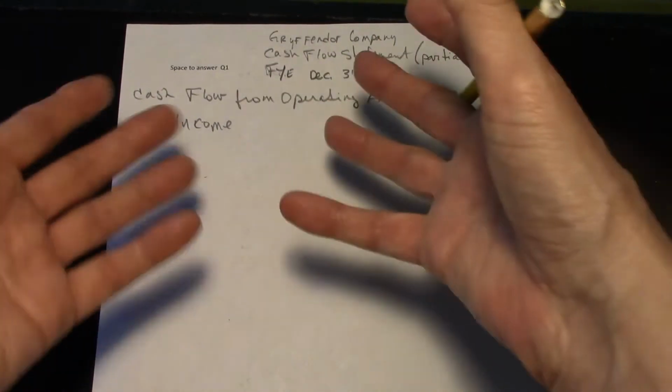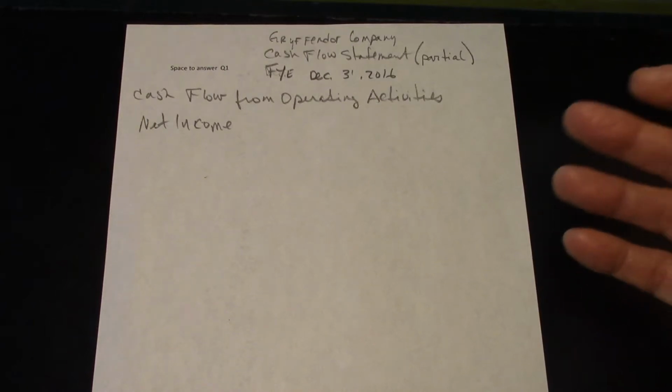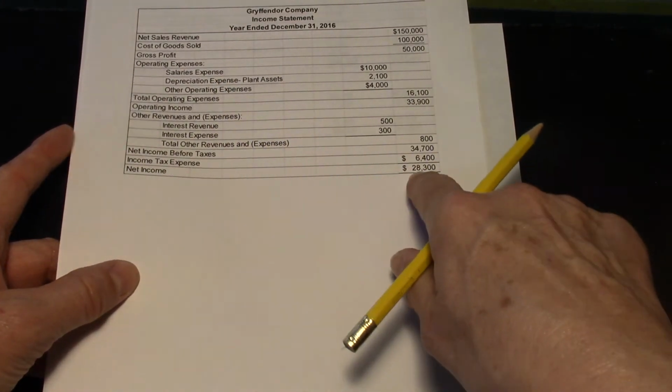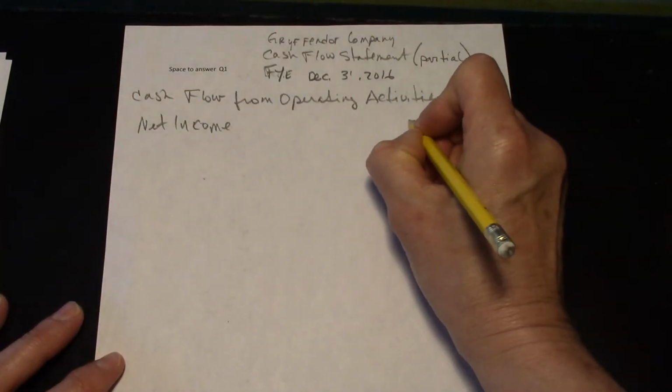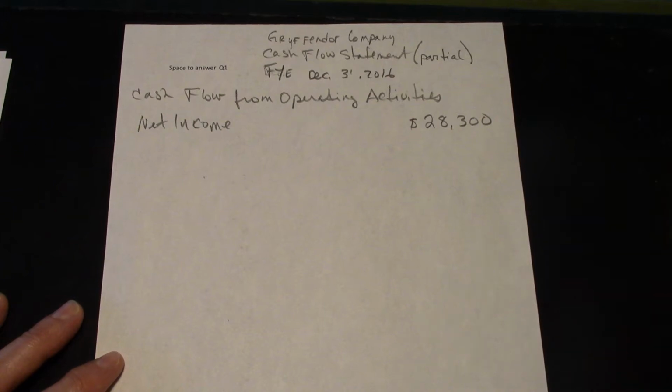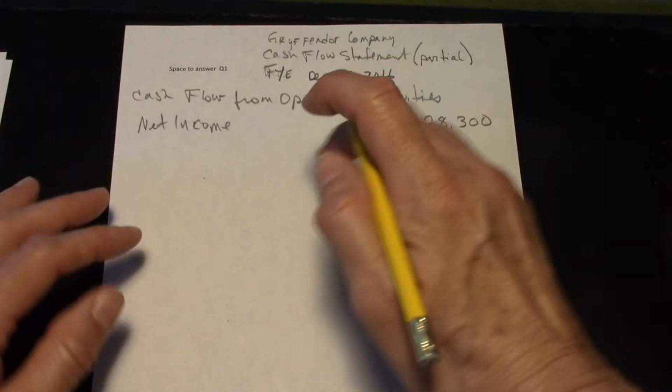Net income is on the income statement, of course. It's the bottom line. There you go. It's 28,300. Okay. And so next we do our adjustments.